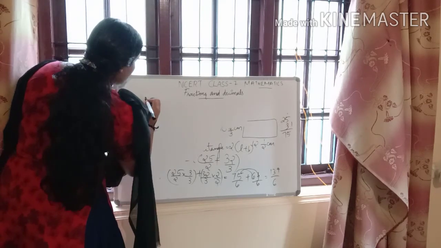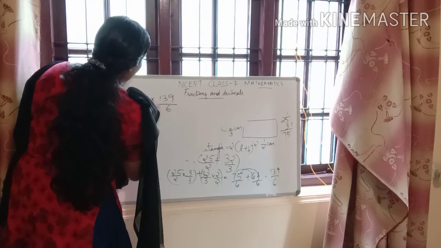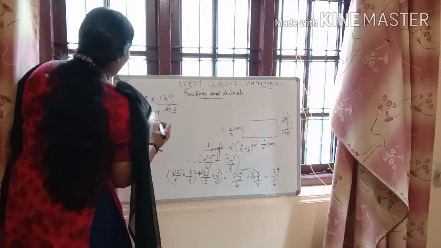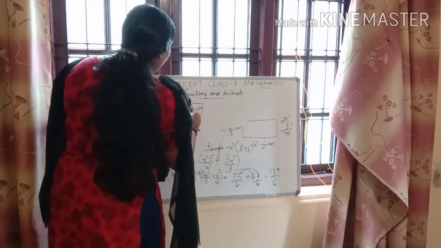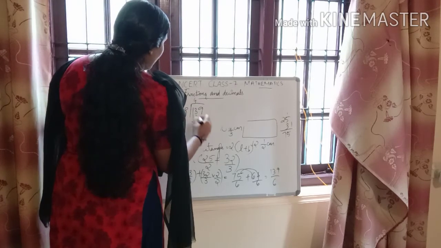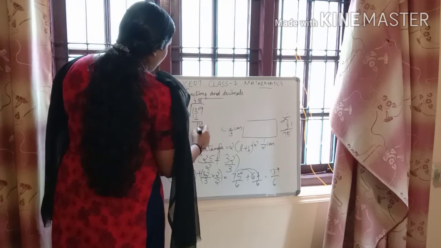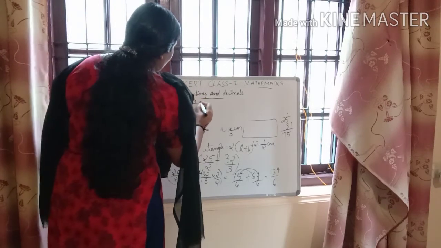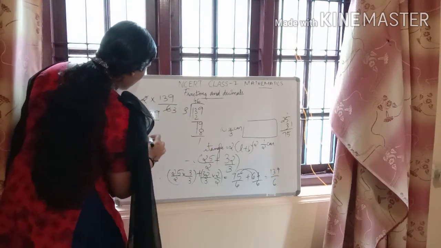So here, 2 into 139 by 6. Here they cancel each other, giving 139 by 3. Just divide 139 by 3. 3 4s are 12, 3 6s are 18, and we'll get the remainder as 1.